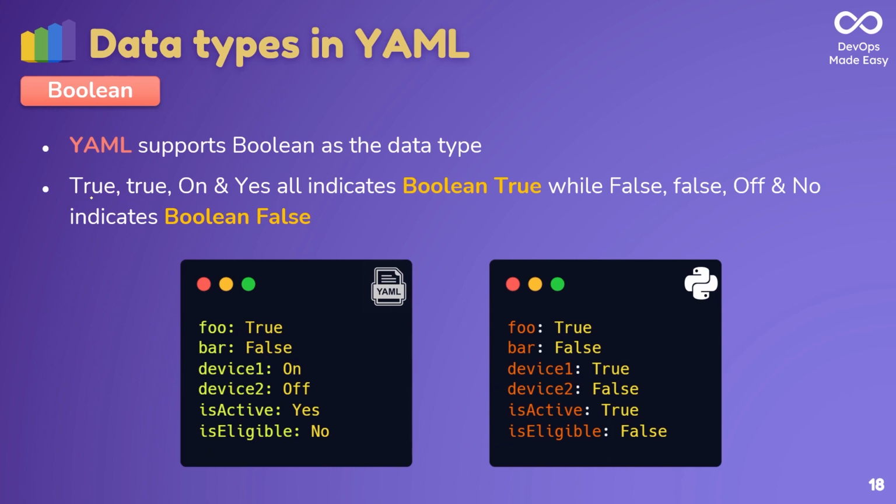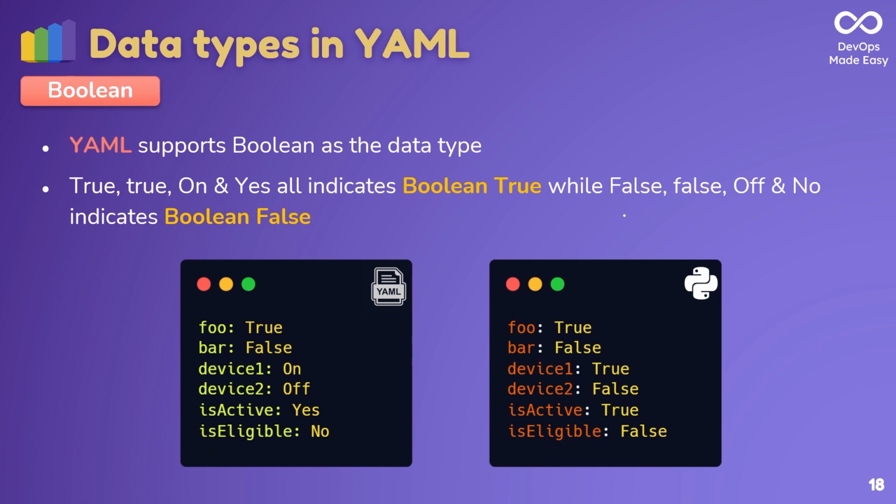So here inside YAML, I can use either true with capital T, true with small t, on, yes, all indicate the Boolean value of true. Similarly, false, off, no indicate Boolean false.